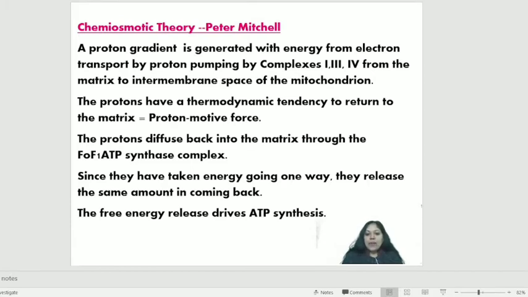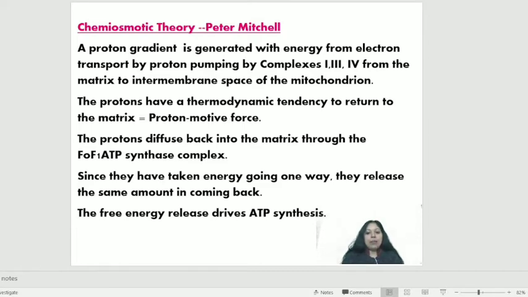It means there are one or many proteins on the inner membrane of mitochondria which cause pumping of protons. Mitchell also hypothesized that the proteins involved in the pumping, which are known as complexes, and the complex or protein responsible for the formation of ATP are separate entities.